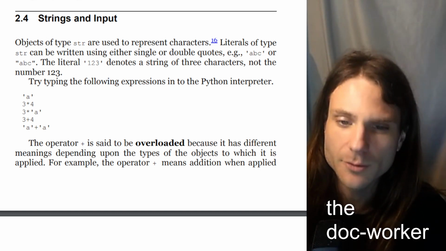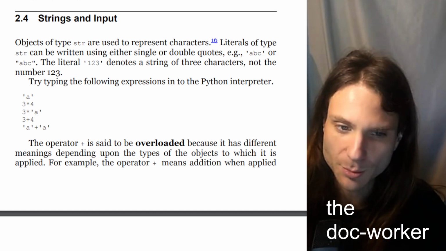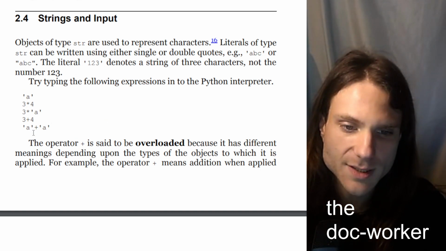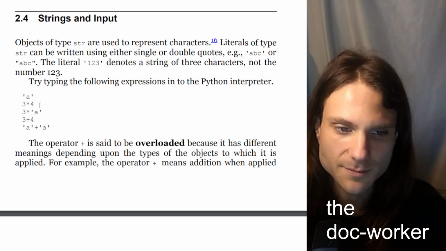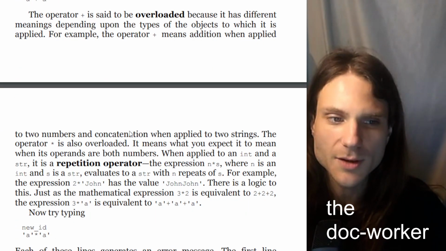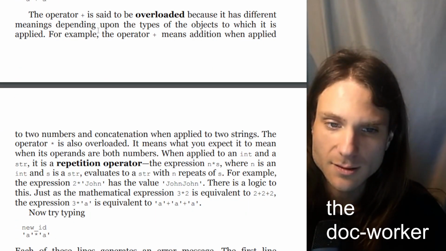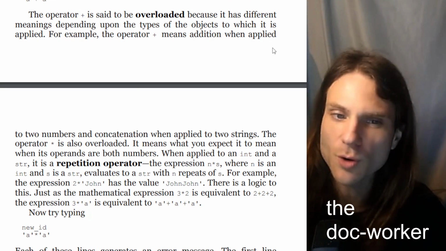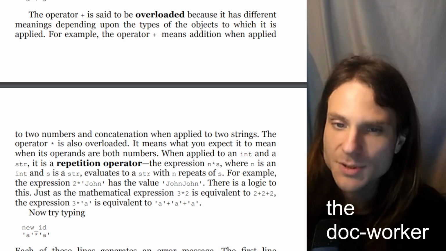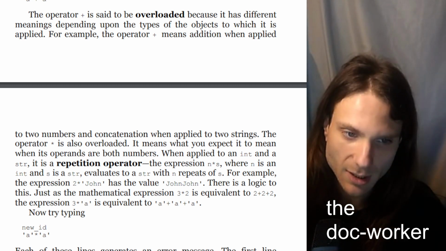Try typing the following expressions into the Python interpreter. If you do this, you will learn some things. Type this in and press enter, type this in and press enter. The operator plus sign is said to be overloaded because it has different meanings depending upon the types of the objects to which it is applied.